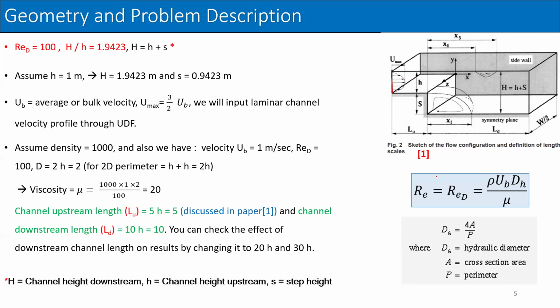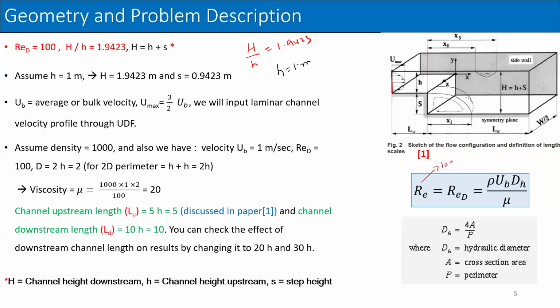So now how can this be done? We know that the Reynolds number is equal to 100. Secondly, we know that the expansion ratio H by h is equal to 1.9423. Here I'm going to make it very simple, and I will just take h equal to 1 meter.